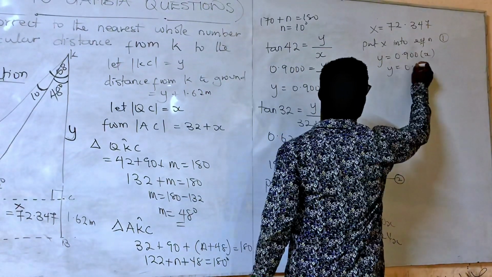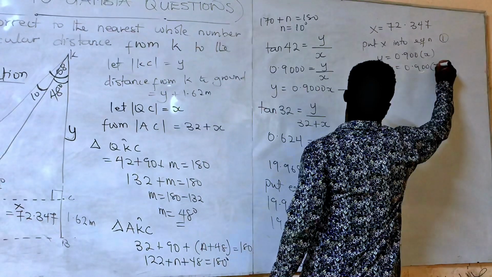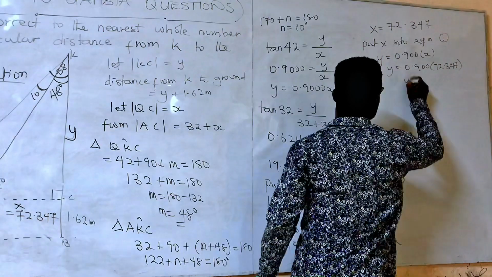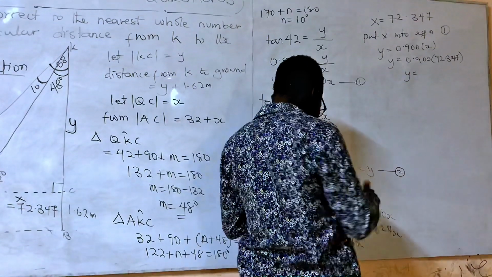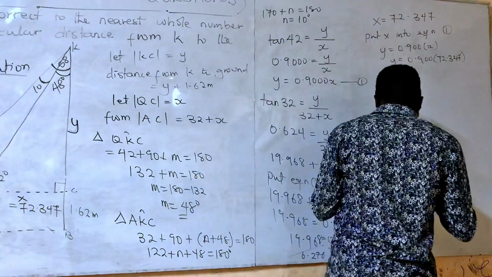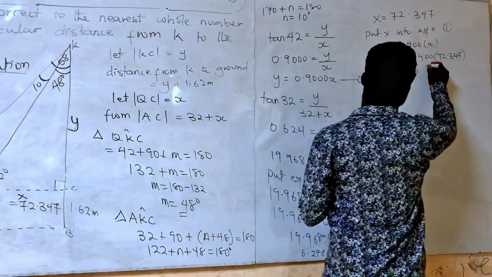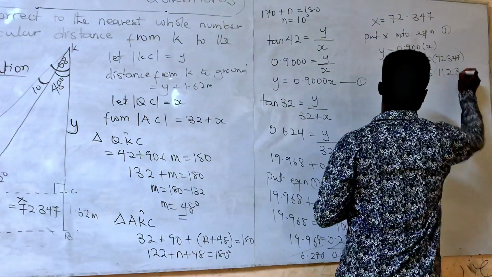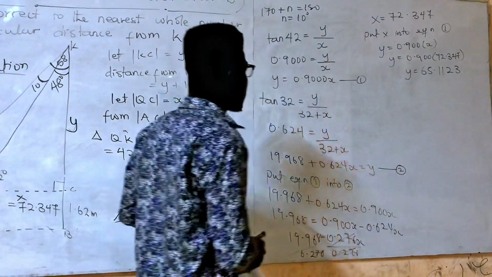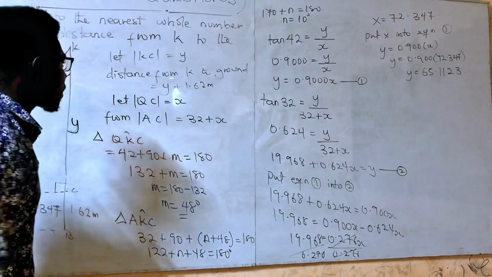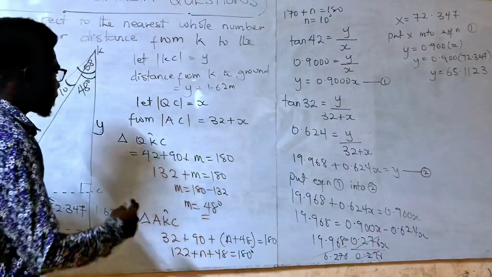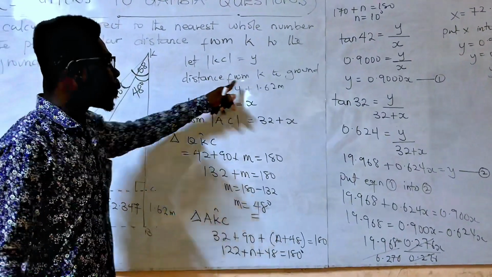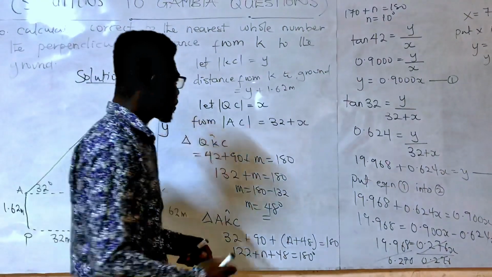Y is equal to 0.900 times 72.347, and y is going to be 65.1123. So finally, the perpendicular distance from K to the ground.